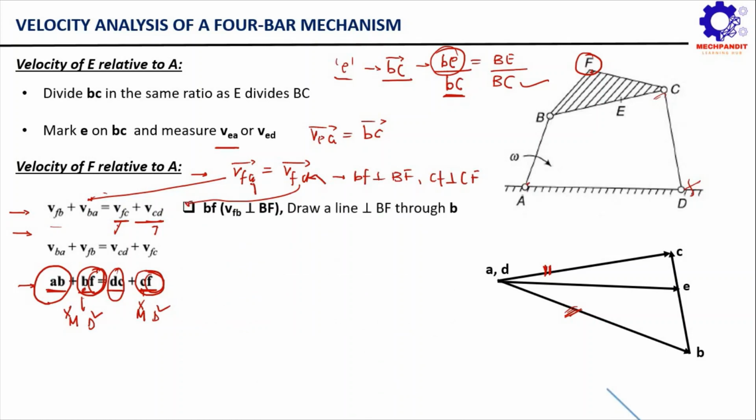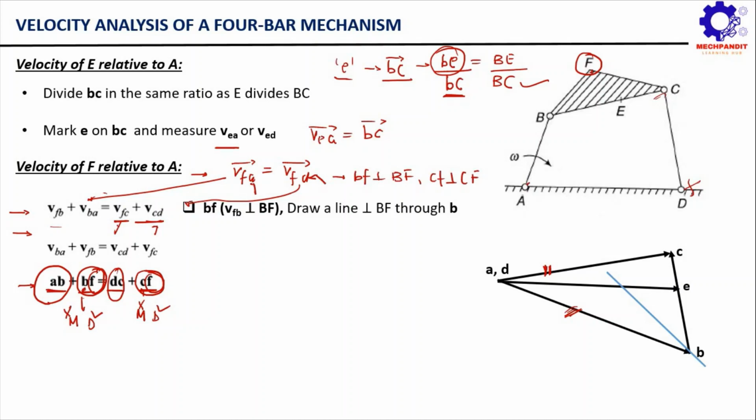Obviously the next step is simply, so let me go one by one. The first step is simply to draw a line through this point B, and this line should be perpendicular to BF. As I have already shown you, we will keep the scale, drag the scale to point B, and then draw a line which is perpendicular to this side BF, correct?